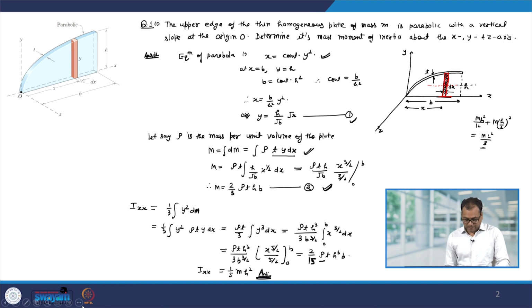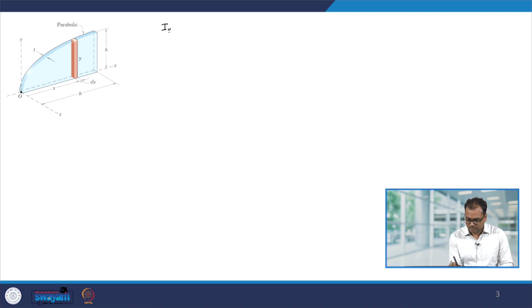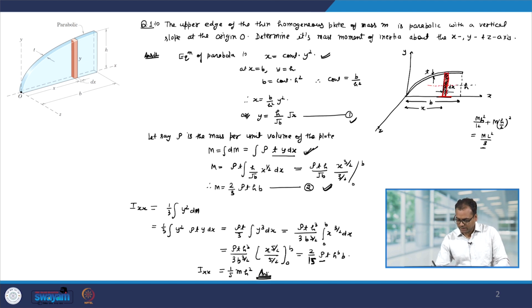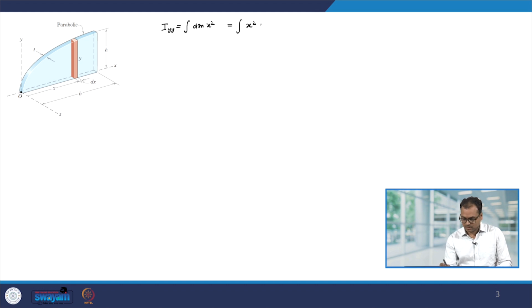Now, let us find out the moment of inertia about the y axis. So I y will be integral dm x square. So this will be integral x square dm, and I can put from here, it is rho t y dx.